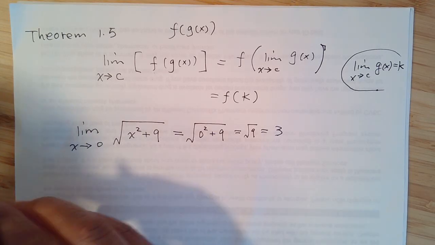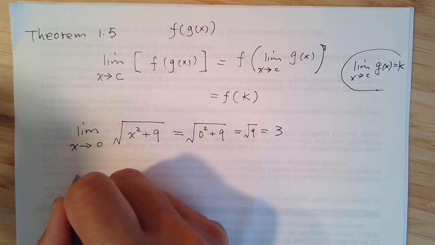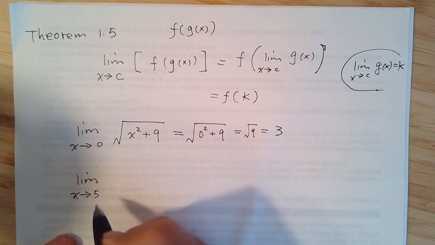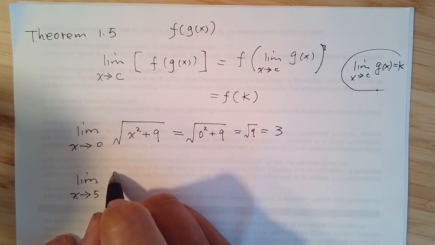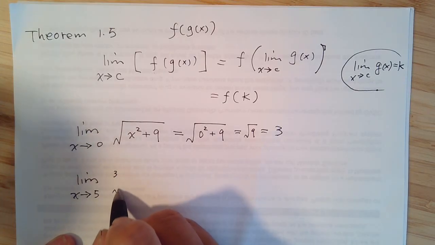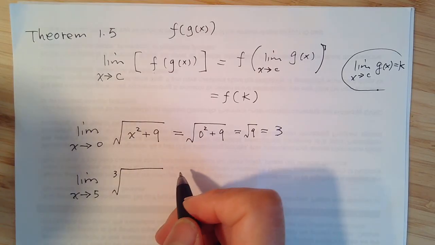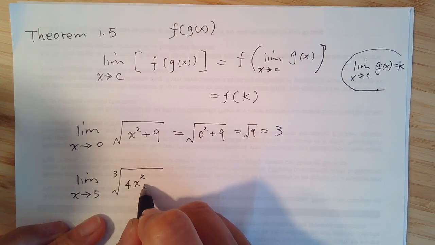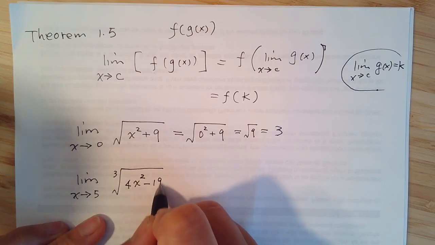All right, we're going to do another one. We're going to do the limit as x approaches 5. I don't know why I like 5 so much. So the cube root of 4x squared minus 19.